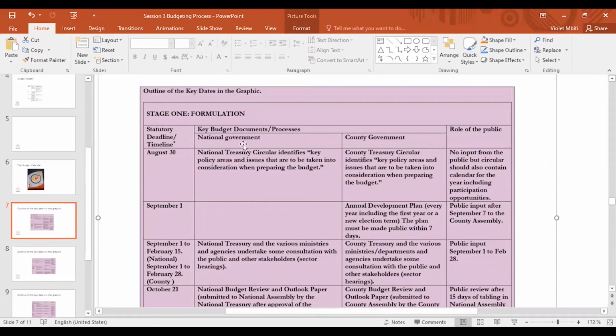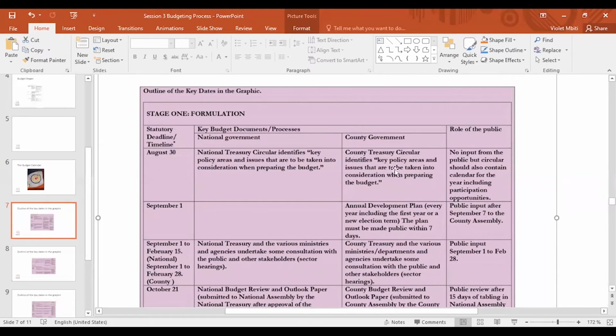Key budget documents, national government, county government, role of the public. So August 30th, the National Treasury Circular identifies key policy areas and issues to be taken into consideration when preparing the budget. At the county level, the County Treasury Circular, which is the budget circular as well, identifies key policy areas and issues to be taken into consideration when preparing the budget.